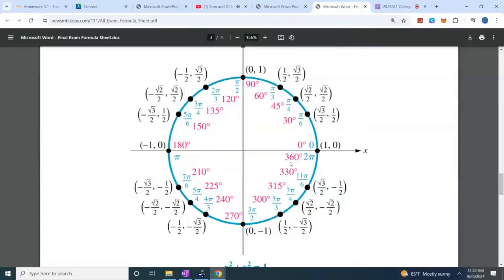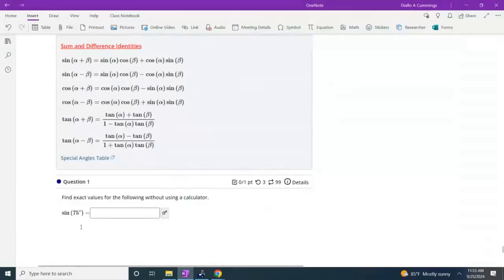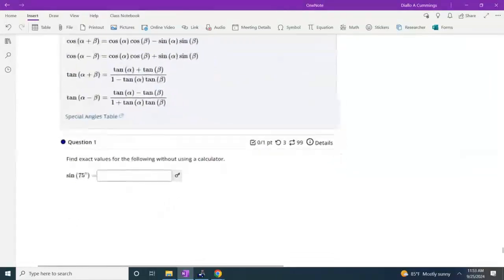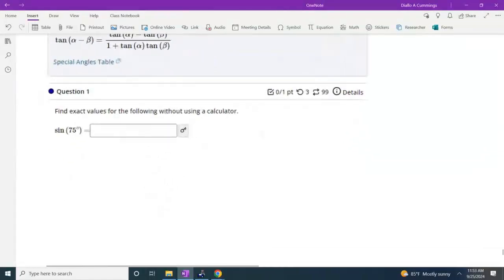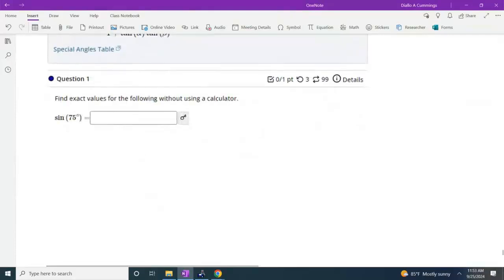Any numbers I can subtract and any numbers I can add are fair game. So whatever formula you use is based upon the numbers. Right? So here's how I'm going to answer this problem. I want to rewrite the sine of 75 degrees as the sine of 45 degrees plus 30 degrees.